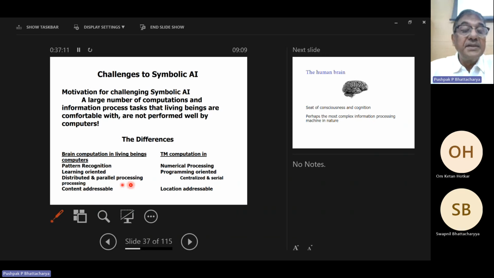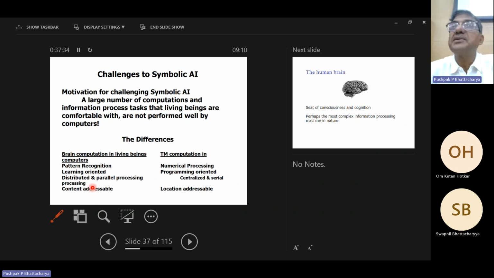In the brain, it is distributed and parallel processing. In Turing machine-based computation, the computation is centralized and serial. Okay, it is step by step, one step after another, and the CPU is the central processing unit which does the computation. The memory in the brain is content addressable.